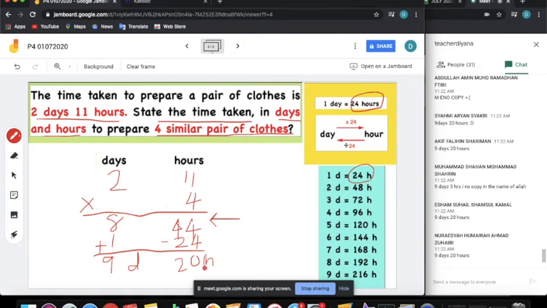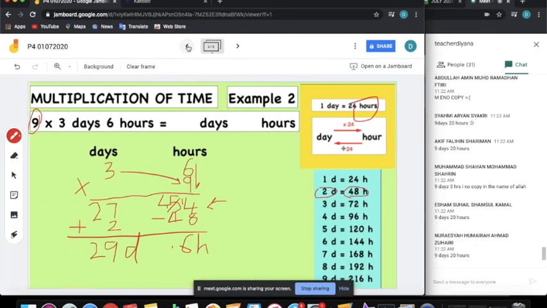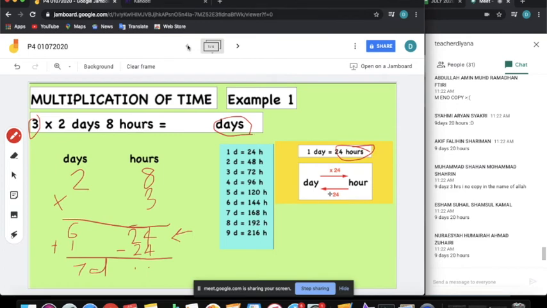So everyone, for today, teacher just talks about days and hours. I'm not going to weeks and months yet. Let me go through it one by one again, for those who joined our class late. The first thing, if you get a question like this, arrange, and then time. Please remember your times table. After you get the final answer, look at your hours: can they convert to days or not?